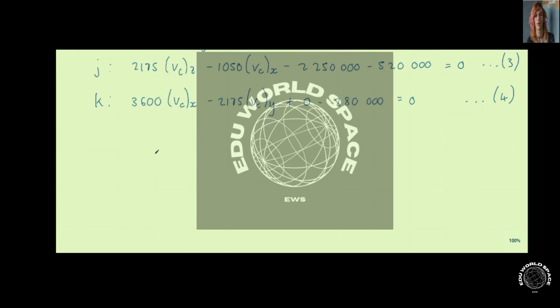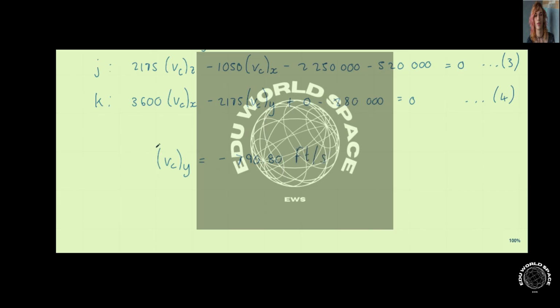We can find from equation 4 VC of y, since we know VC of x to be minus 400 feet per second, and hence VC of y is equal to minus 790.8 feet per second.